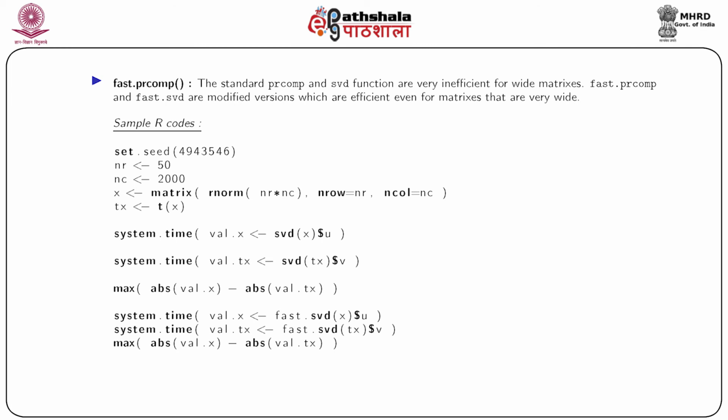So the max of these two would be the max of the absolute value of X minus the absolute value of Tx. So the system time value of X is compared with fast.svd(X), and the system time for Tx would be fast.svd(Tx). So the max is given by the difference between the two.